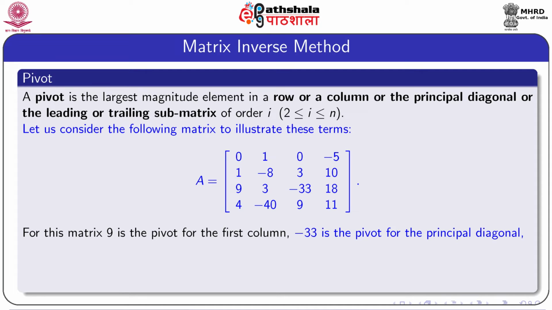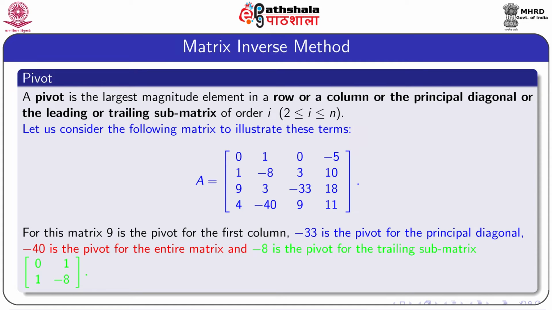Minus 40 is the pivot for the entire matrix. This is the largest magnitude element in the entire matrix, and minus 8 is the pivot for the trailing submatrix 0, 1, 1, minus 8. So, these are the different kinds of pivots which are used in a matrix.